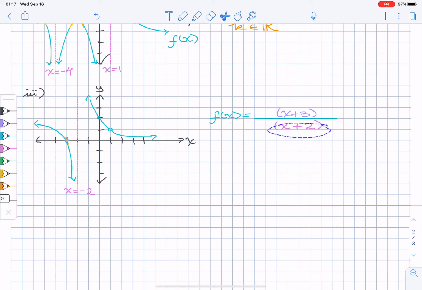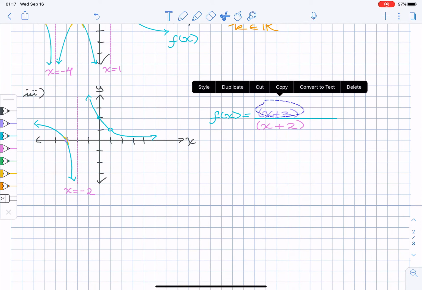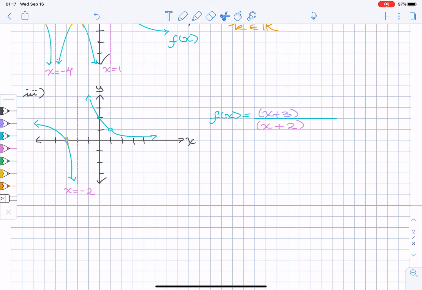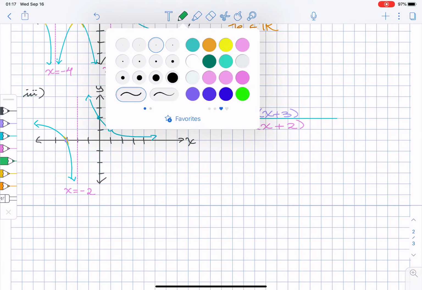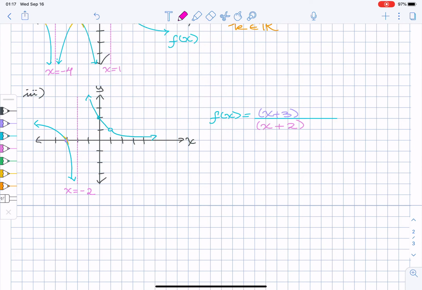But why did I leave such a large quotient symbol? And that's because I have a hole. I have a hole at, what color should I use for this? Let's do hot pink. So I've got a hole right here when x is 1.